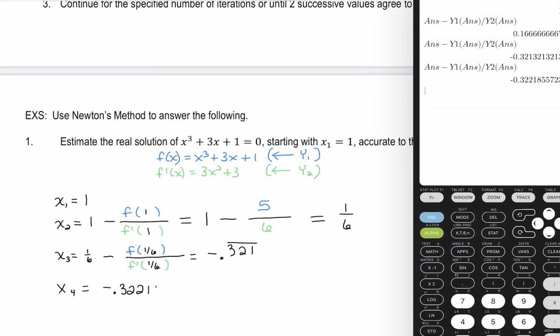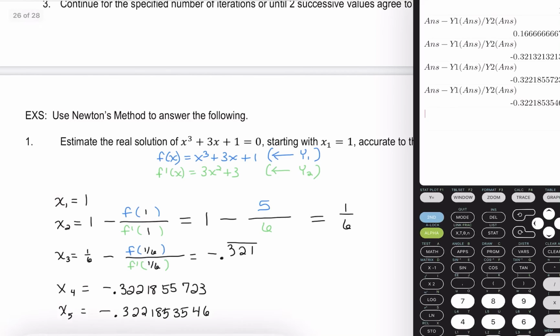I'll write out 1855723. And one more time, let's do it. So this is going to take us to x sub 5 and second entry. So this is the power of using our calculator effectively. So negative 0.322185 and so on.